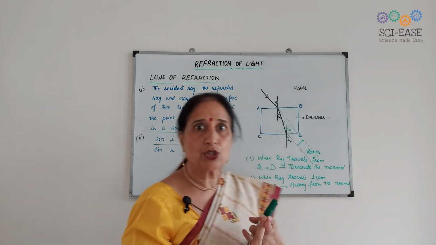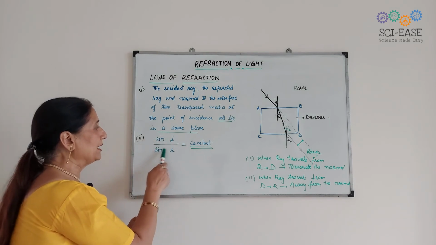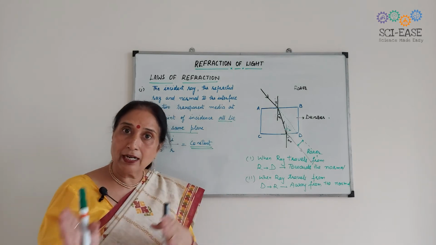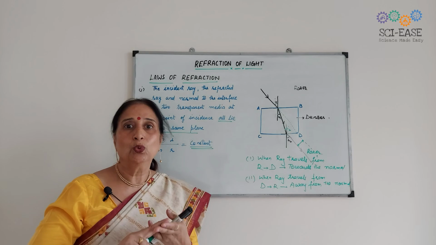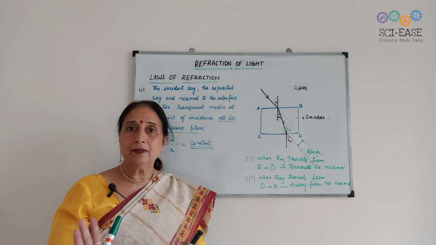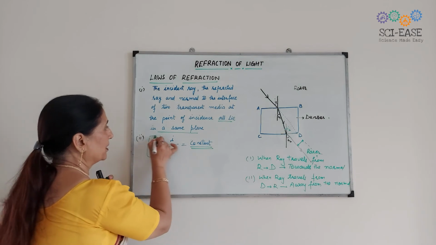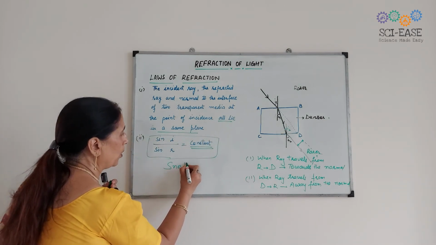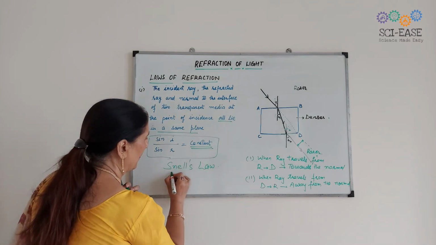This should be clear to all of you: sine I to sine R is constant for the same color of light and for the two media. This expression is known as Snell's law.